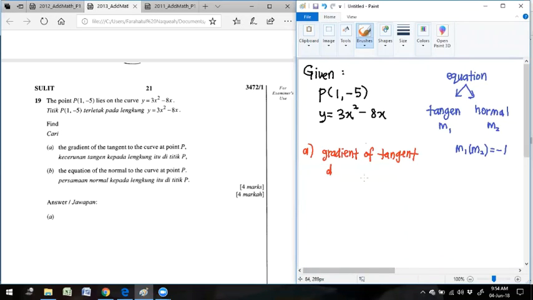Just do dy over dx, it is equal to 6x minus 8. Substitute x is equal to 1, so it will be 6 times 1 minus 8. That will be 6 minus 8 is -2. Okay, done. The gradient of tangent is -2.